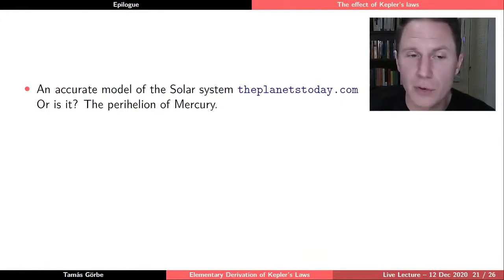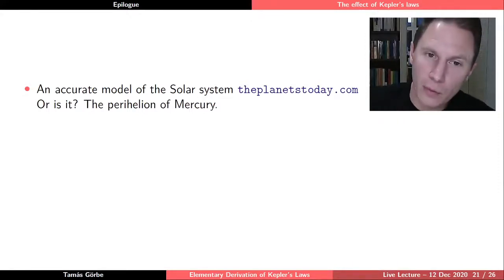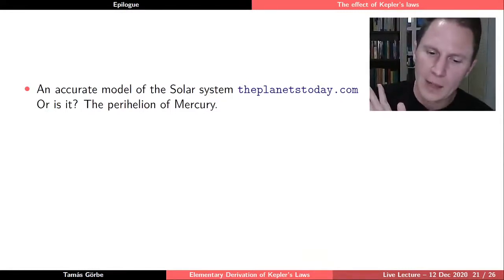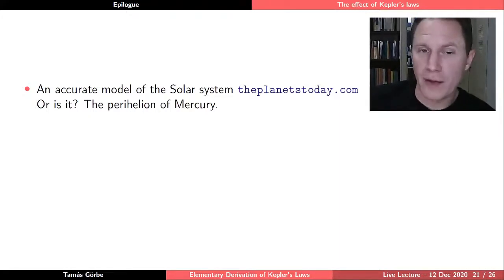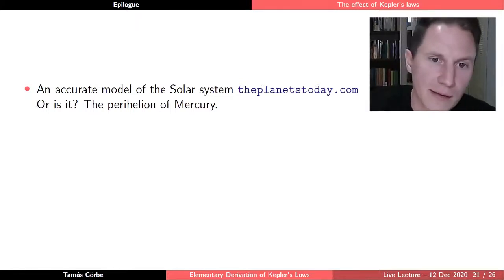So there was the motion of Mercury. The closest point on Mercury's orbit, when it gets closest to the Sun, is called the perihelion, and that elliptical orbit of Mercury is rotating slowly due to the gravitational effect of the other planets.